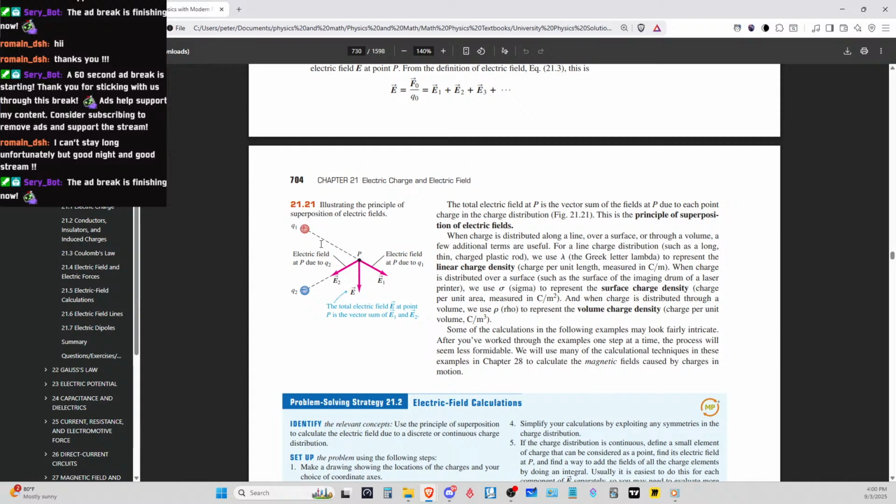We've got a charge here that's positive and a charge here that's negative. So the electric field at point P due to the positive charge here, and the electric field at P due to the other charge. The total electric field E at point P is a vector sum of E1 and E2.